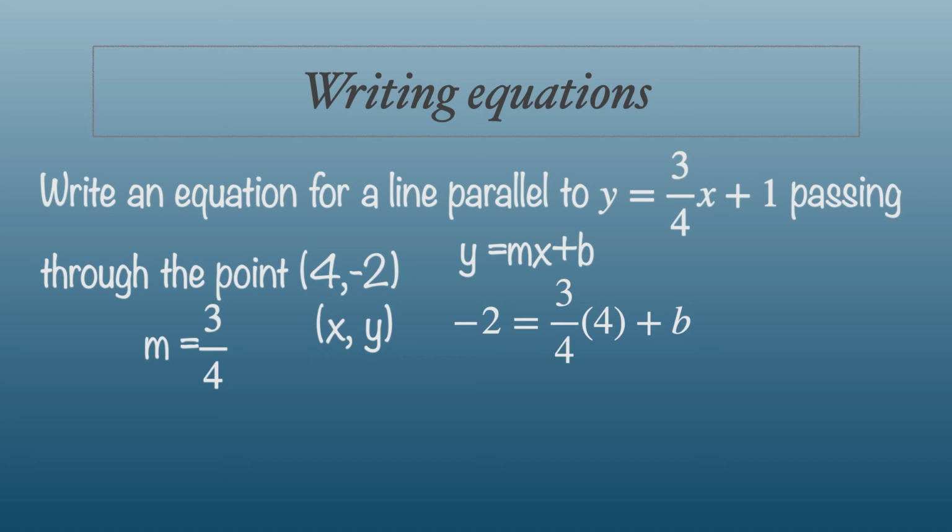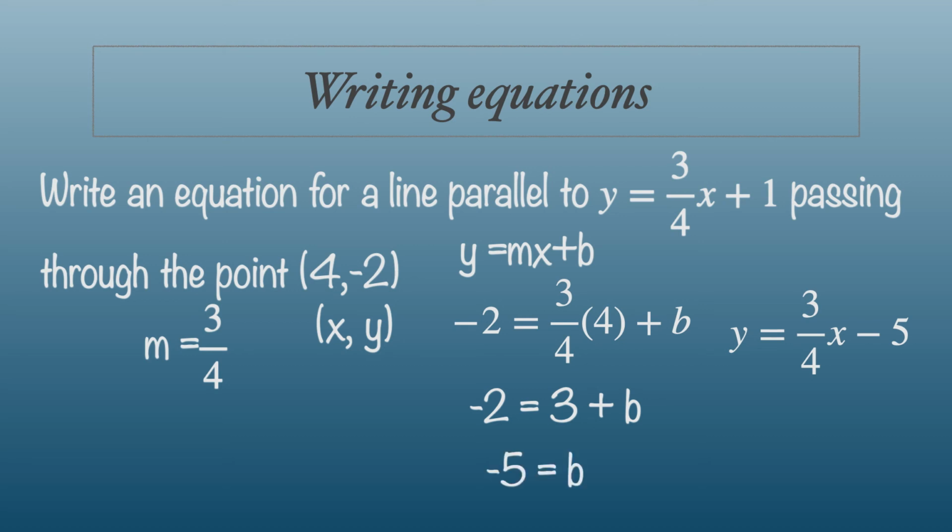These are going to cancel out, leaving me with 3. And when I subtract 3 from both sides, I get this. And so my new equation is y equals 3/4 x minus 5.